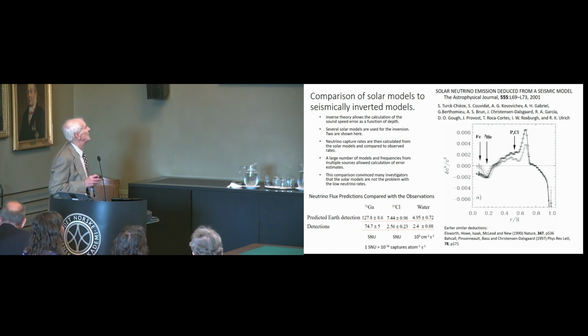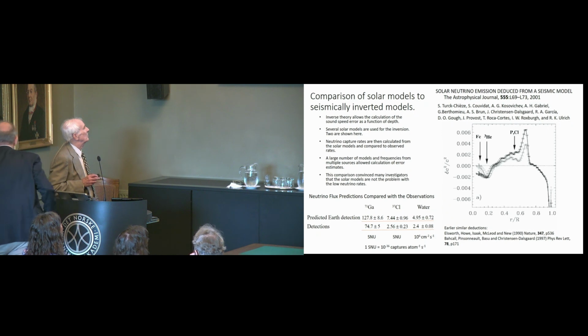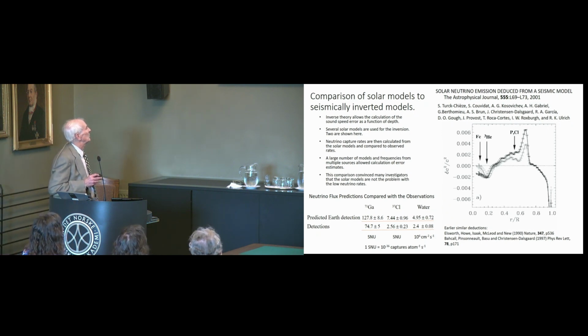And so this is kind of the most recent thing that I was involved with. The results from SOHO provided really good frequencies, and we use what's called inverse theory to calculate the structure of the sun, and this diagram over here shows how well our models are doing relative to the solar interior.